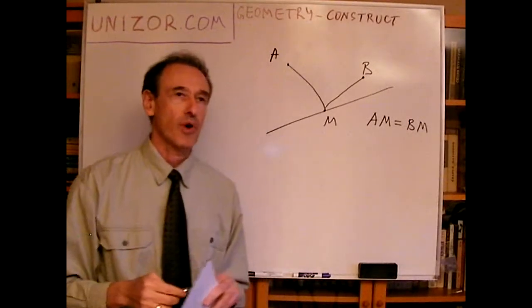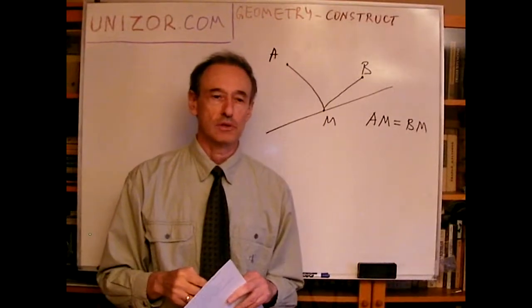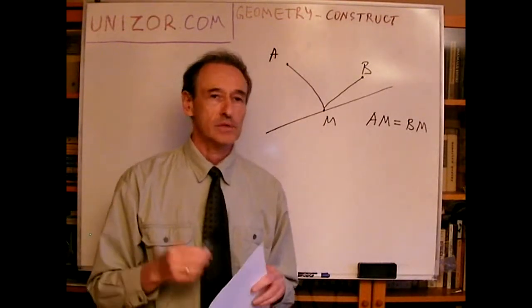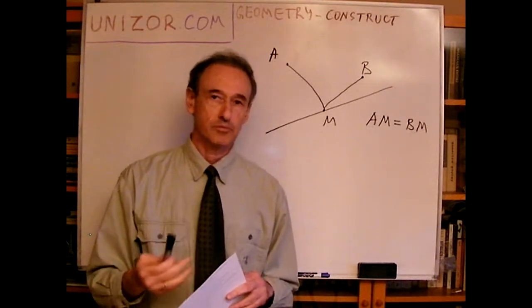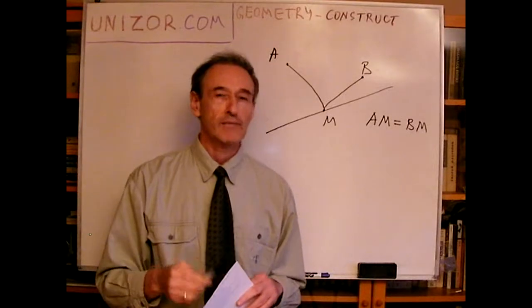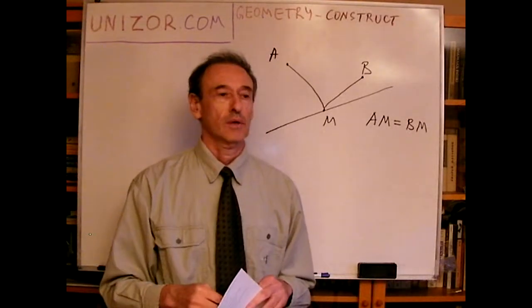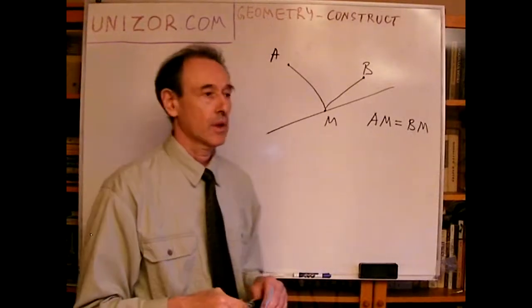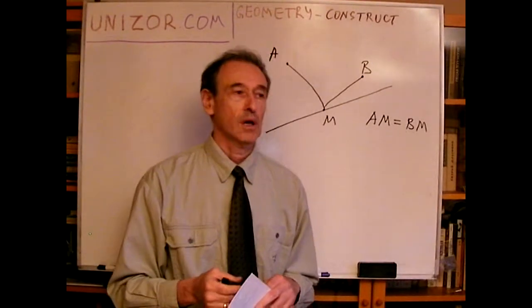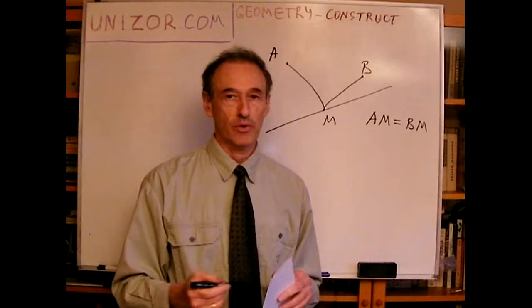I think it's appropriate to mention something which is called locus. Locus is usually a certain set of points which have a certain property. Now, for example, what's the locus of points equidistant from two different points?